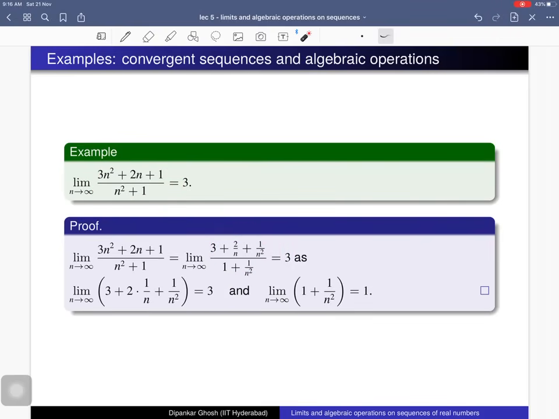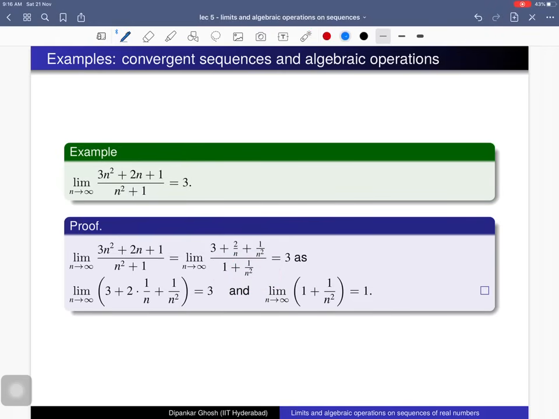Both numerator and denominator we divide by n square, because the limit of these things is easy to find. After dividing the numerator and denominator by n square, this term is the same as this one, and we can easily find the limit of this as well as the limit of this.